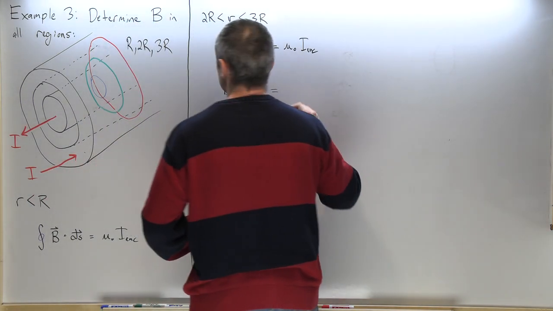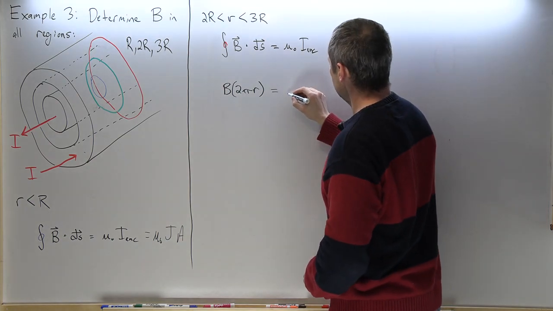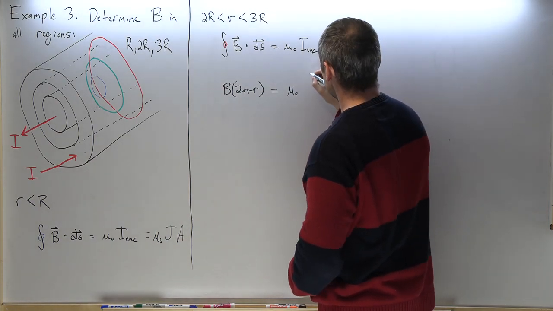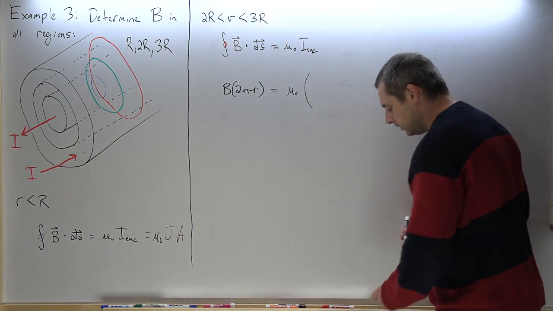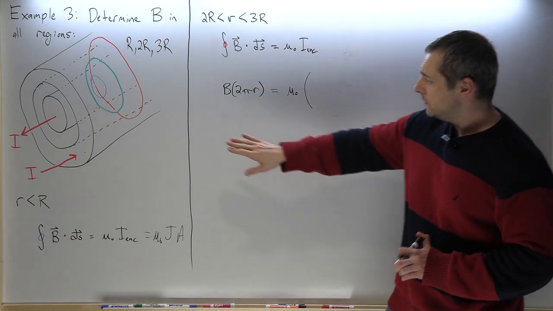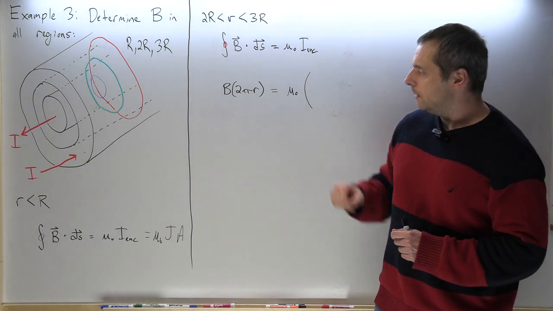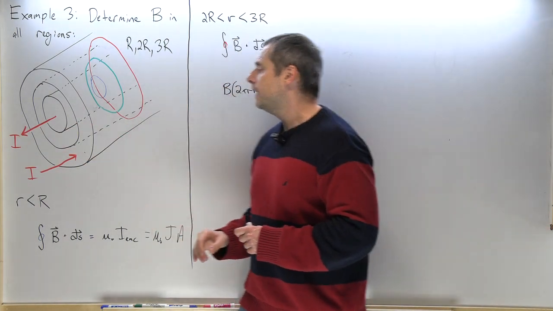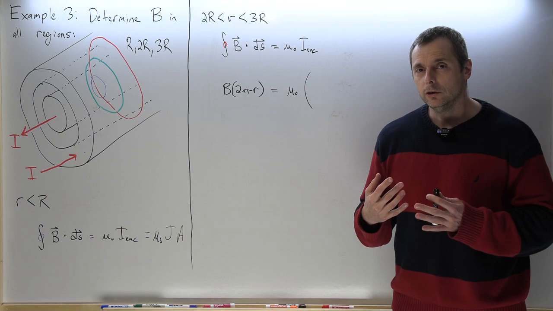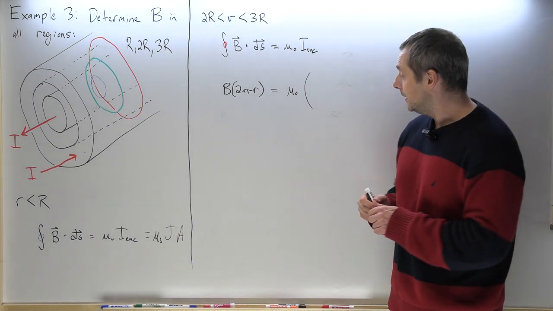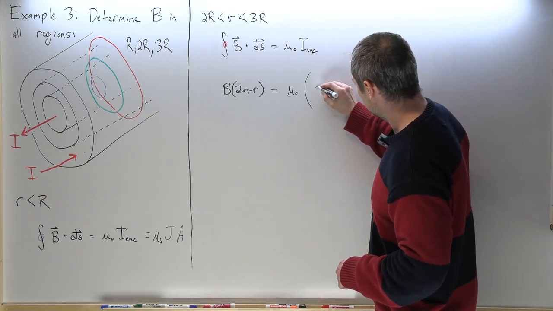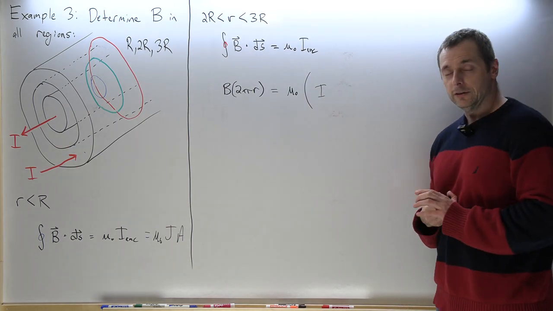All right. So now we have the mu 0. Now, what's the current enclosed in this Amperian loop? First of all, the inner current, this I, is completely enclosed. So we can just write I. This is from the inner conductor.